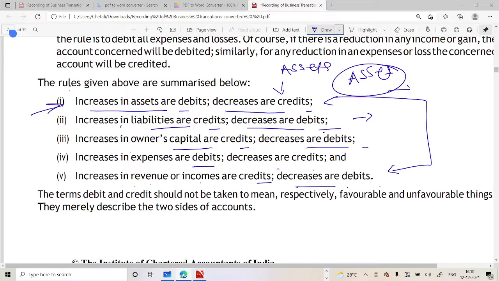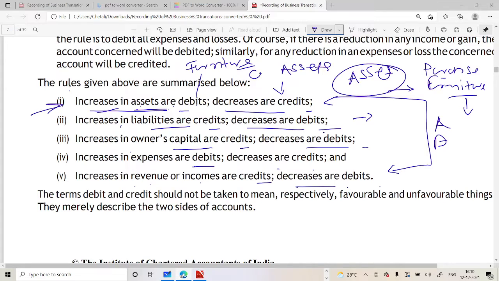Okay, if I take just one example of increase in assets are debit, you purchase furniture. What happened in this case? Furniture means assets, we record furniture as a debit, right? Because assets increased, and the cash, which is a real account, we put as a credit because it will decrease.